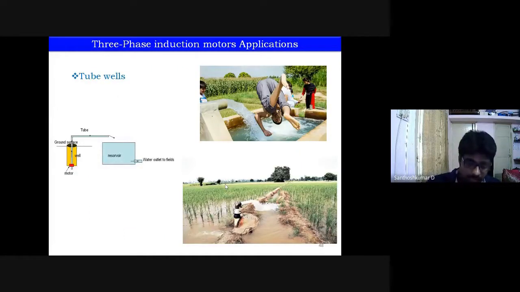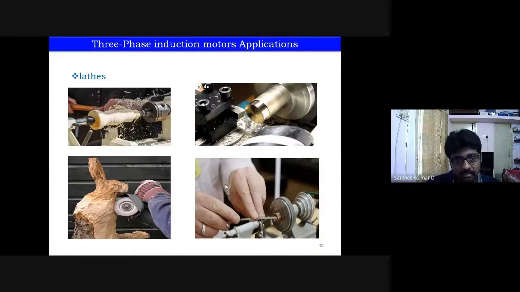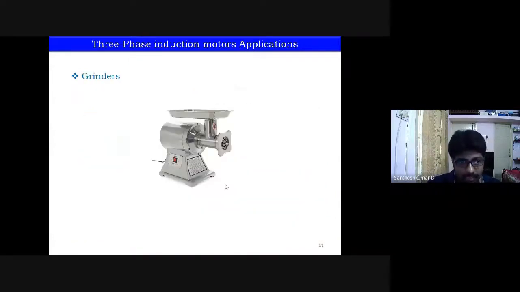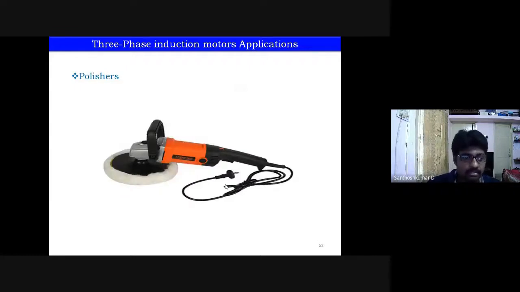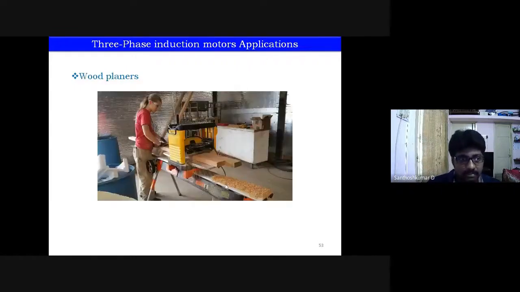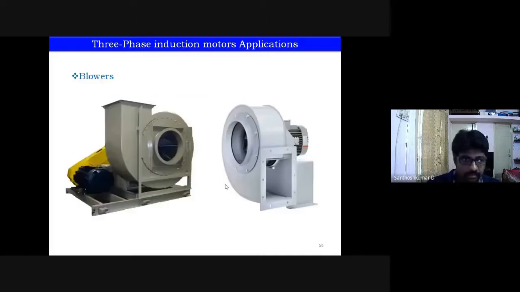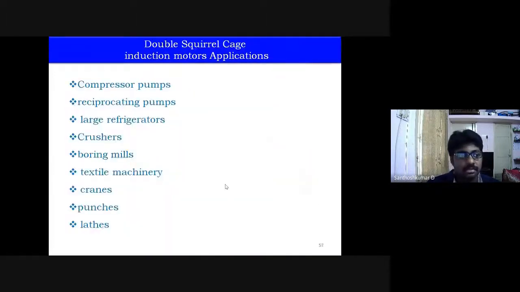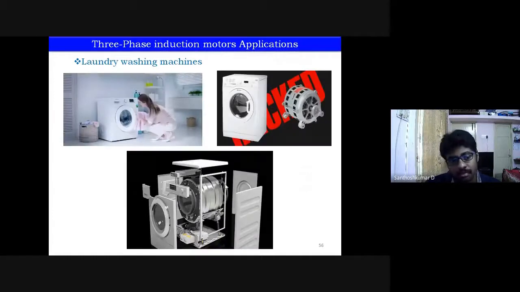Yeah, these are all things we saw in our villages, am I right? So these are all tube wells and lathes and drillings, grinders, polishers, wood planers, fans, blowers, laundry and washing machines. So these are all the main important applications of squirrel cage induction motors.